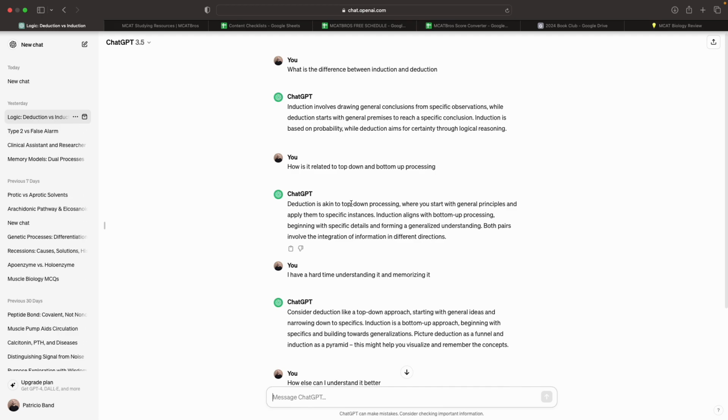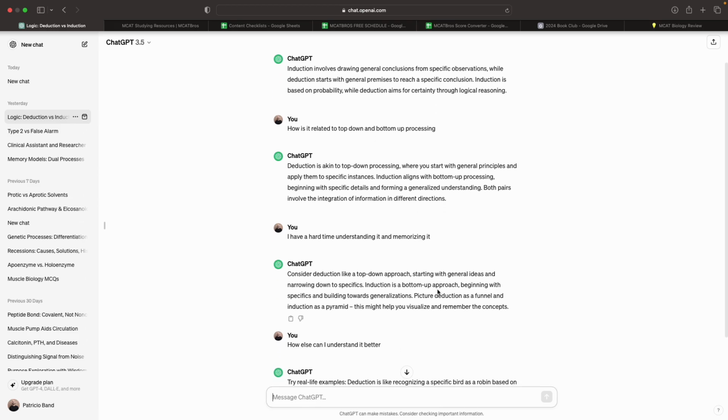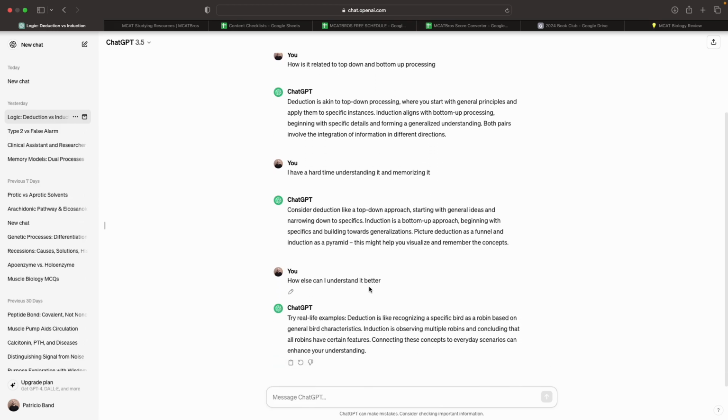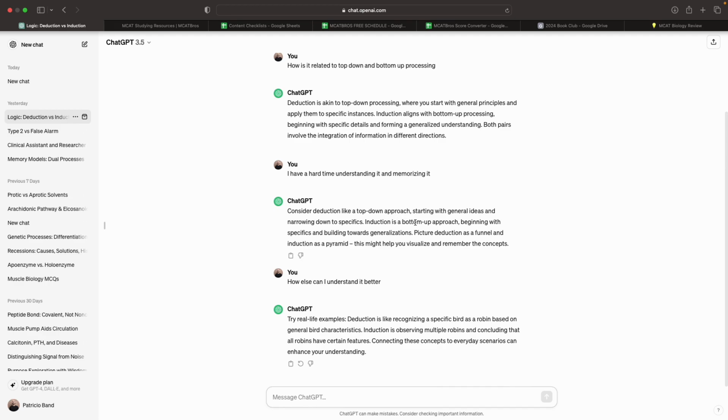You have less known at the bottom, right? So therefore, it's a pyramid. Even here, ChatGPT says it: induction is a bottom-up approach, beginning with specifics and building towards generalizations. Picture deduction as a funnel and induction as a pyramid.